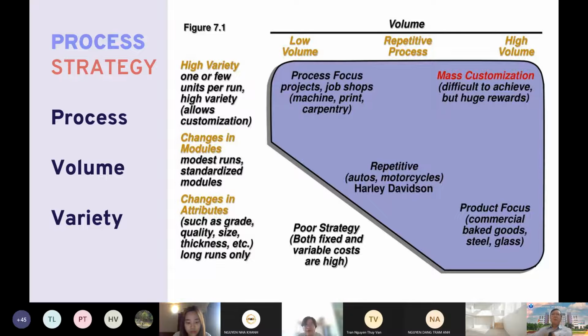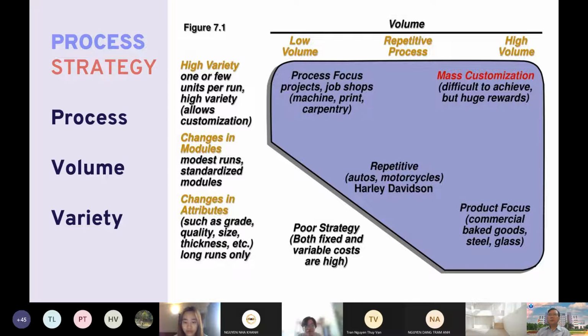For the product focus, we think of high volume but low variety. The final strategy, mass customization, has high volume and high variety too. Notice I also indicate poor strategies, which would be low volume and low variety.